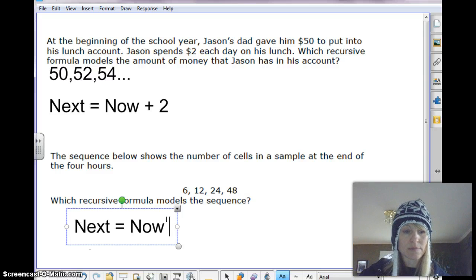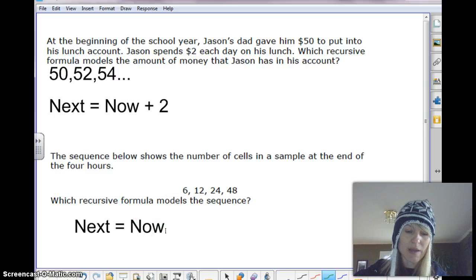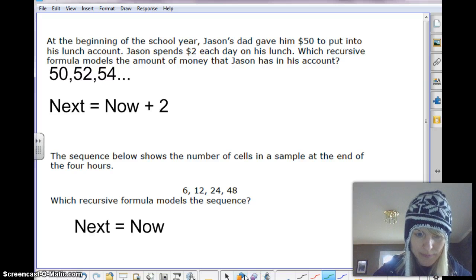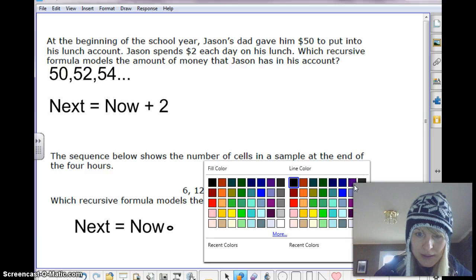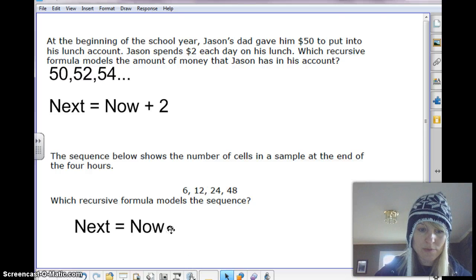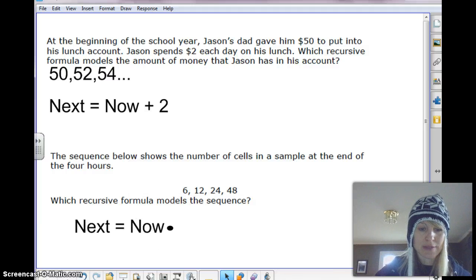I wanted to use a dot for times, but I'm having technical difficulties, so I'll just write times, and going freehand, 2.